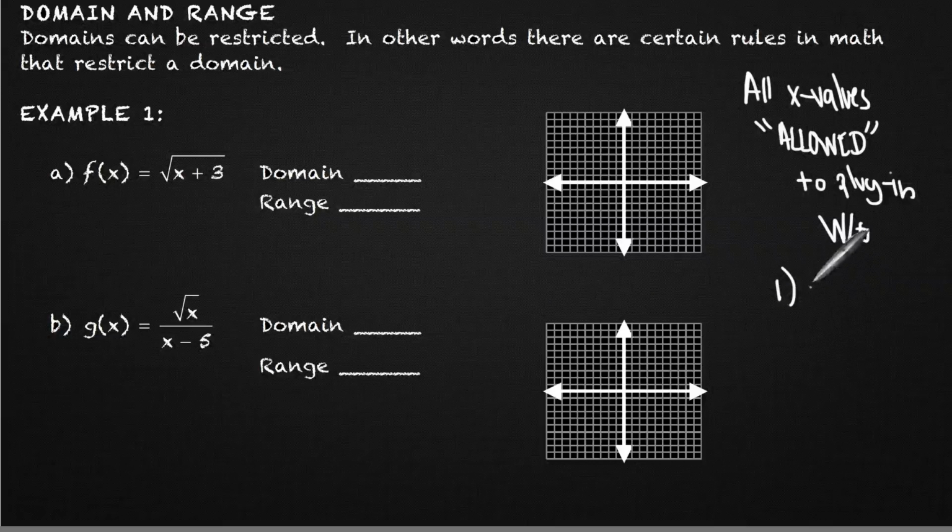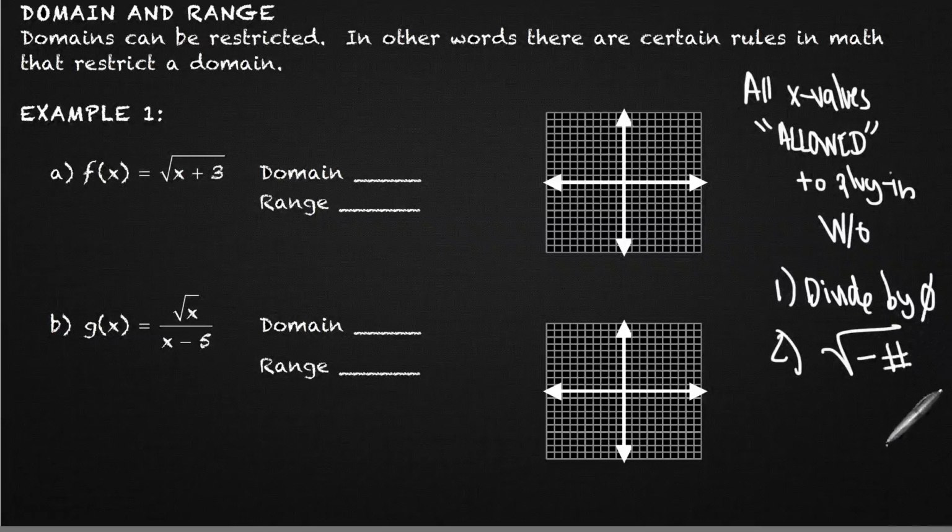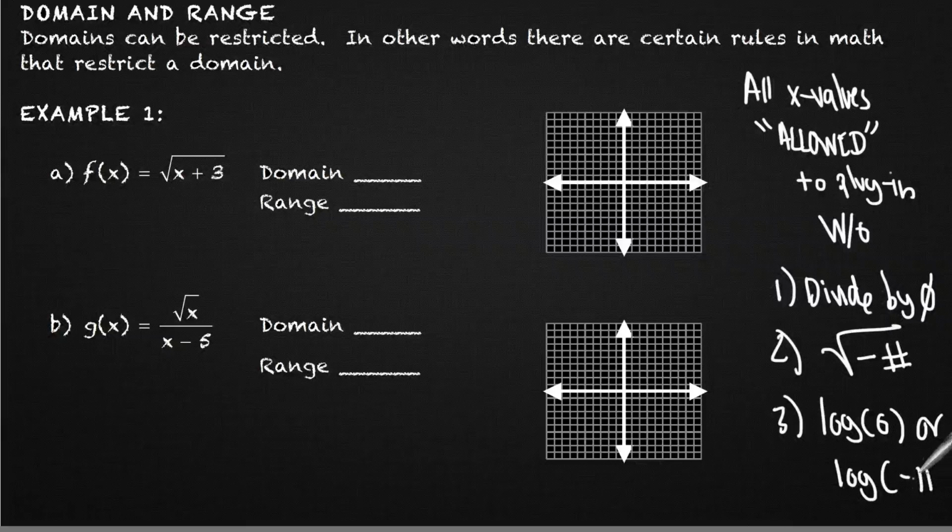Number 1, you cannot divide by 0. Can't do that in math. Second, you cannot take the square root of a negative number. Third, you cannot take the log of 0, or the log of a negative number. These are the 3 rules that you cannot violate in math.